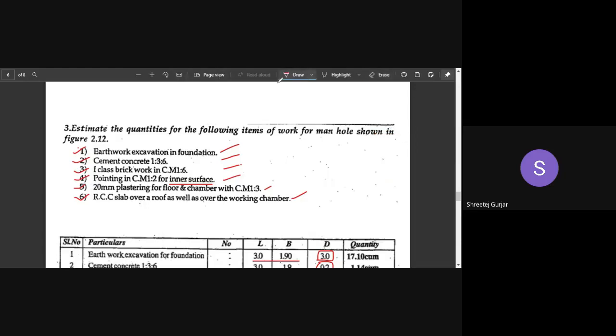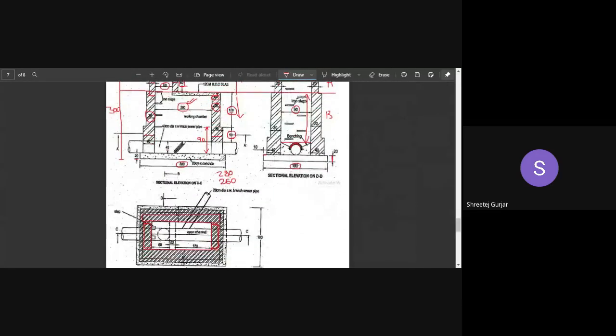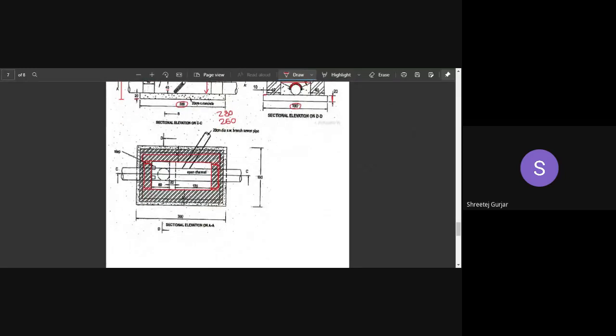Also, if you have any doubts regarding any septic tank, soak pit, or manhole calculation, please let me know. I hope this is clear. You can observe, this manhole is provided at a junction, wherein you can see this is the main channel, and then we have a branch which is coming and merging in this main channel.